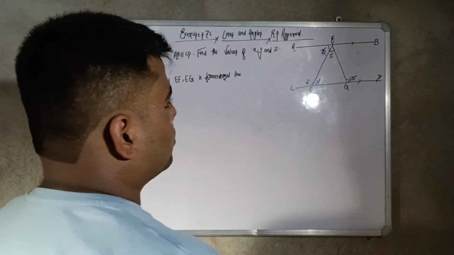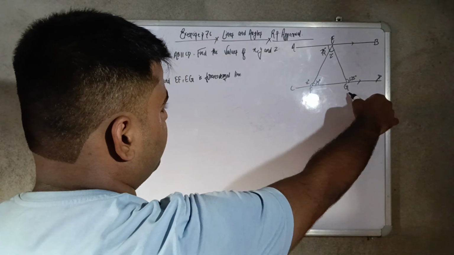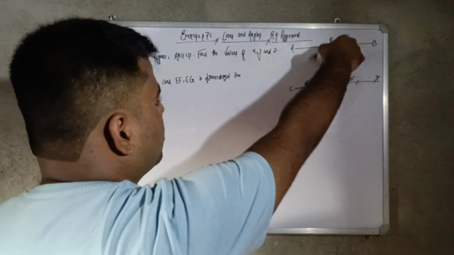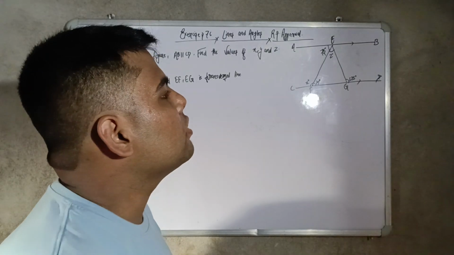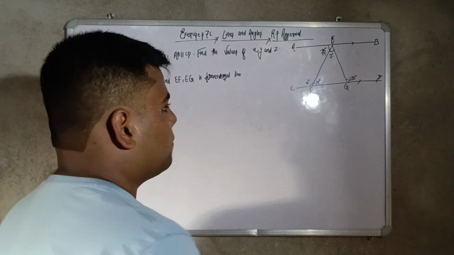Another thing we see here is that EFG is a triangle.